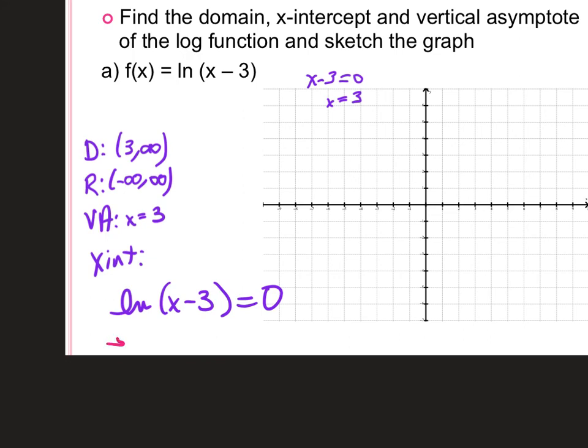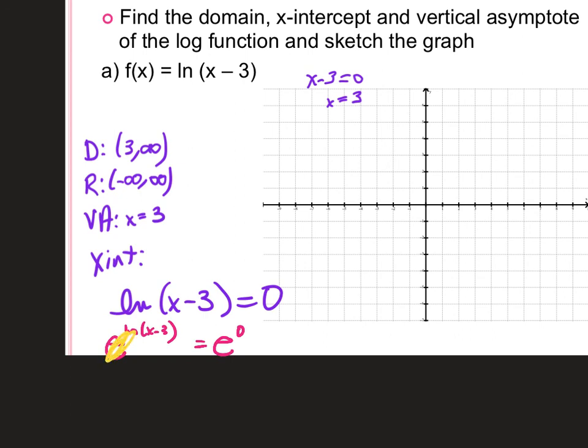So watch, if I say e and then I raise everything up to this exponent, and what you do to one side, you do where? To the other. So I'd have e to the 0. Well, what happens, ladies and gents, when I have e to the ln?